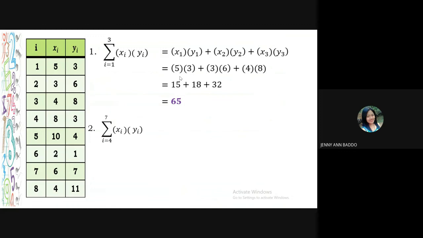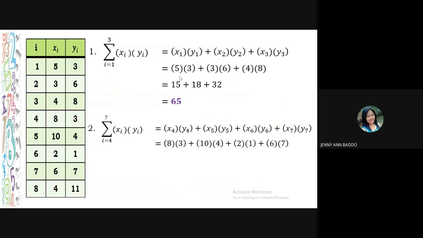Another example, summation of x sub i times y sub i, where i ranges from 4 to 7. Expanding the given summation notation, we have to substitute the numbers 4 to 7 on the index of summation. So we have x sub 4 times y sub 4 plus up to x sub 7 times y sub 7.